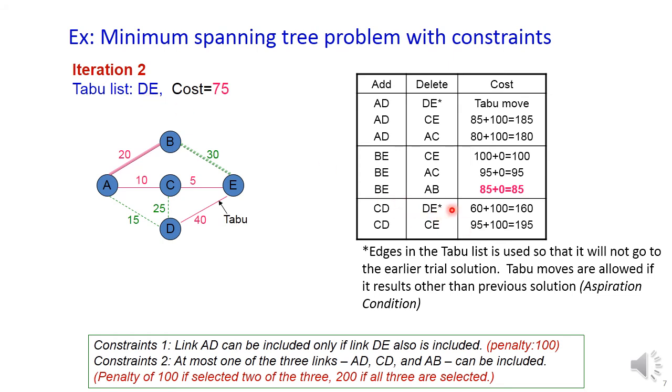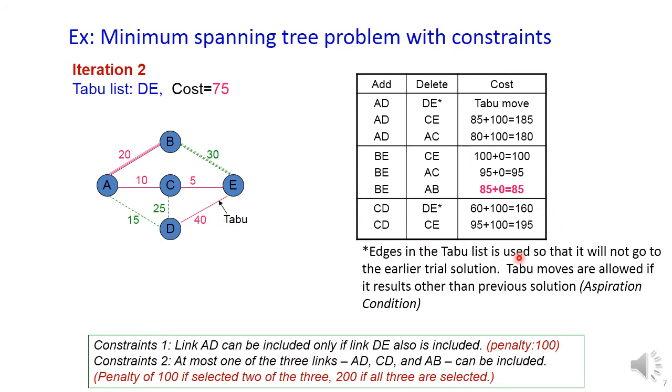So it is actually a forbidden move, but still we are accepting it, because even if you delete this one, we won't go back to our previous one, thinking that it may give a better cost of the spanning tree. That is the reason we are allowing it, but of course it is not giving something better.